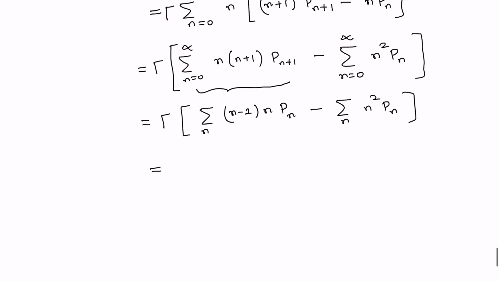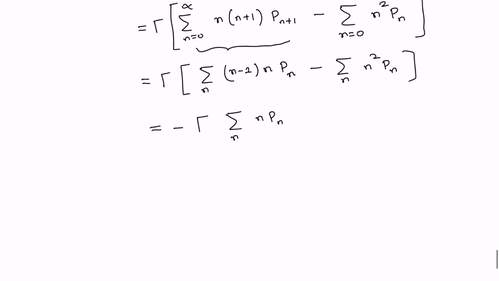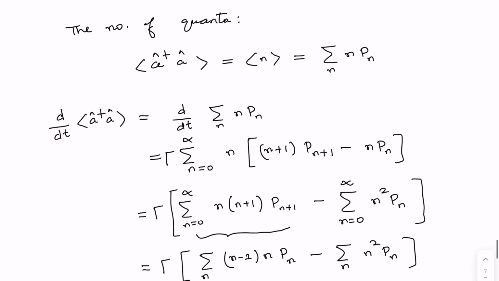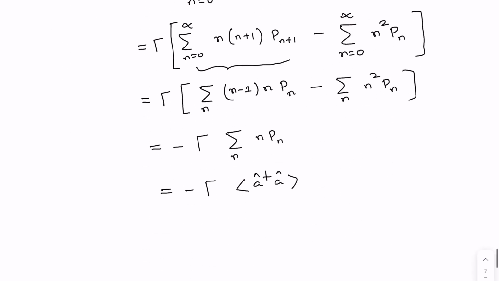And if you see, if I open it up, then I am going to get minus gamma sum over n of n p_n, and this sum is nothing but the expectation value of a† a, as we have already written here. So you basically get this rate equation d/dt of a† a.